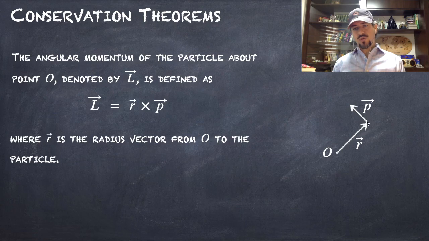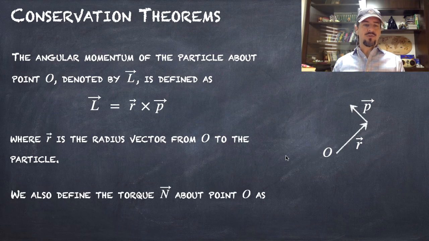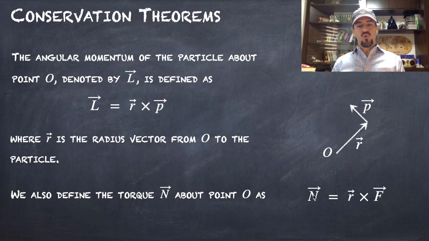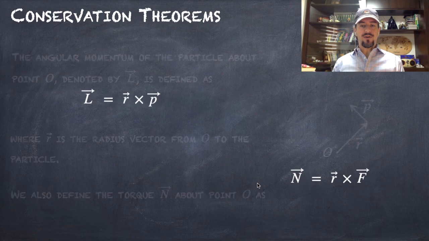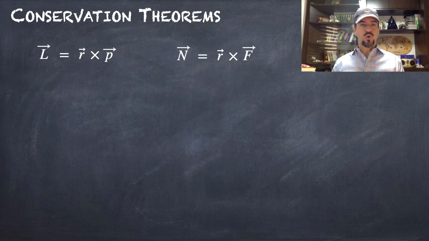The cross product between them is the angular momentum L. We also define the torque, and we will use N for the torque about point O, as the torque is equal to the cross product between r and the force F. So two definitions.